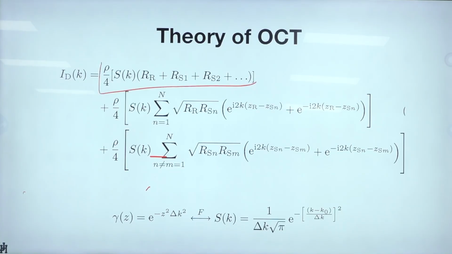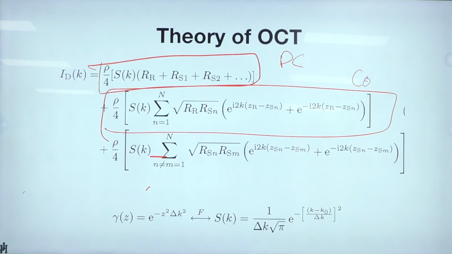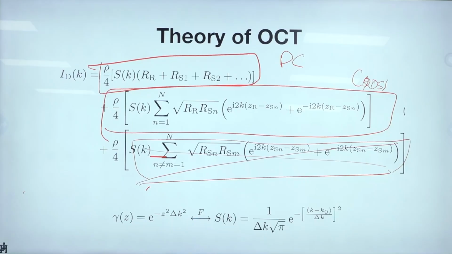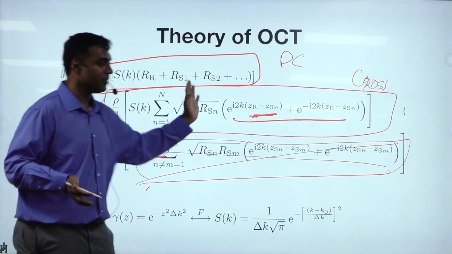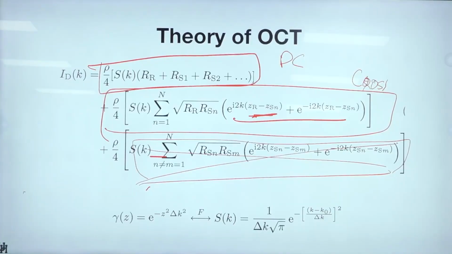This corresponds to the DC, this corresponds to the cross term, and this corresponds to what's called the autocorrelation terms, which is small. This is just a cosine function which depends on the difference in distance, so it becomes a much simpler expression, which is easy to understand. This is what gives you the data. This is the nature of the data you get from the OCT system.